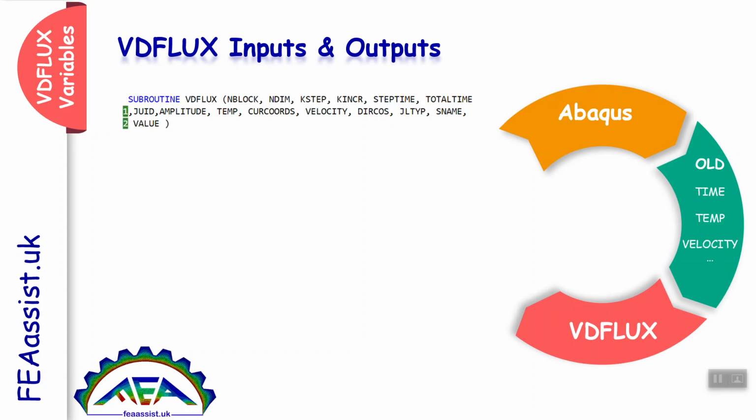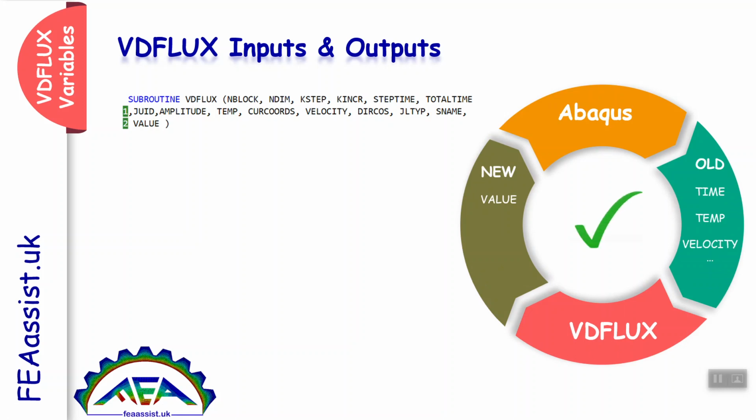In VDFlux, we need to get these variables and compute the value, which is the flux. The value is transferred to Abaqus, and Abaqus will use it to recompute time, temperature, velocity, and other variables. This is how Abaqus and VDFlux interact with each other, which is necessary to understand if you want to write a good VDFlux. The value here, as I said, is the amount of flux that you need to define in your subroutine based on your formulation.